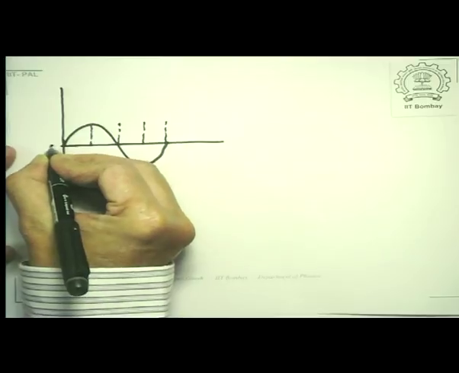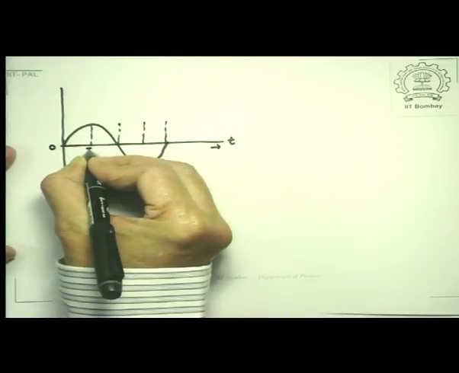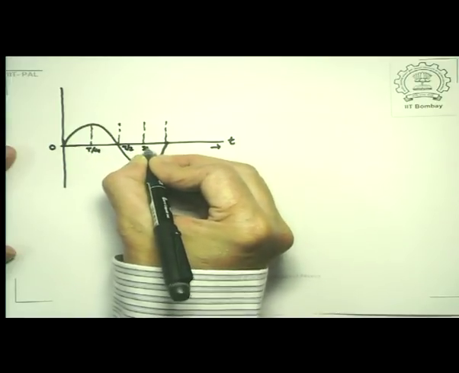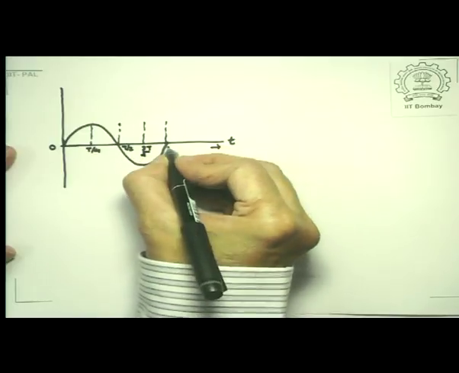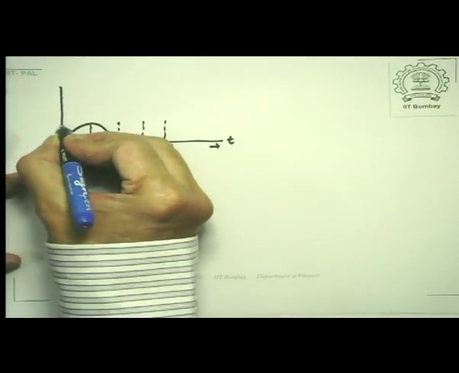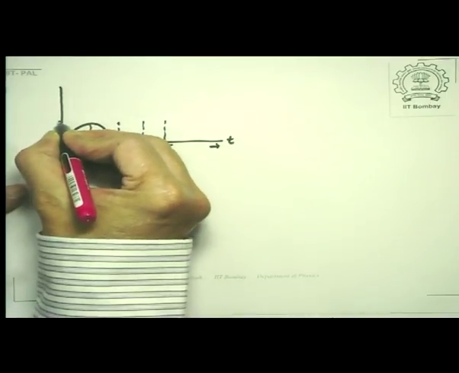So this is t equal to 0, this is T by 4, this is T by 2, this is 3T by 4, and this is T. So let me show the current in the same diagram.